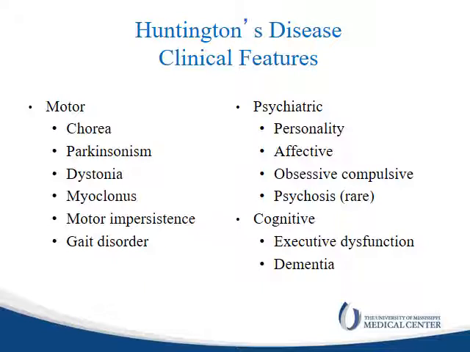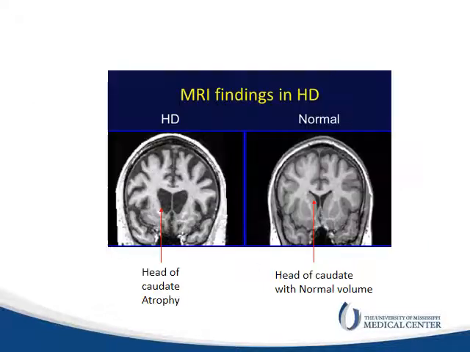HD patients can also manifest psychiatric symptoms, including personality change, affective disorder, obsessive compulsive disorder, and psychosis. Cognitive impairment, including executive dysfunction and dementia, can be very common in HD.